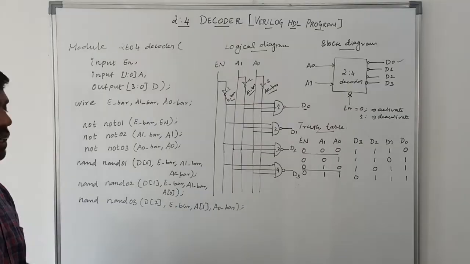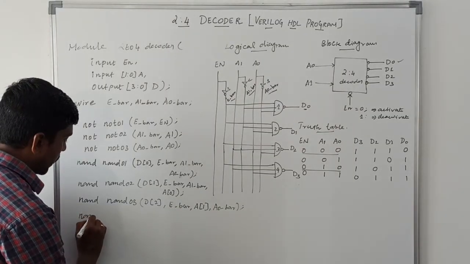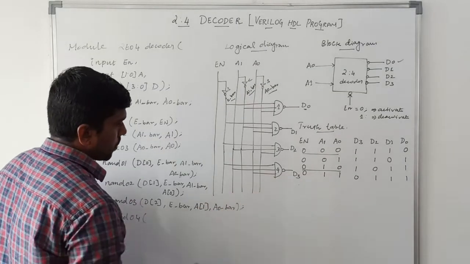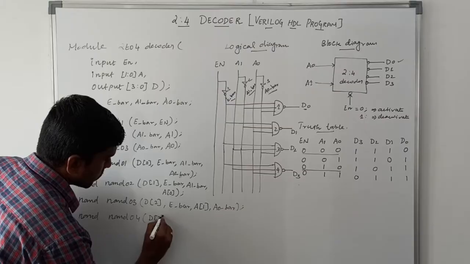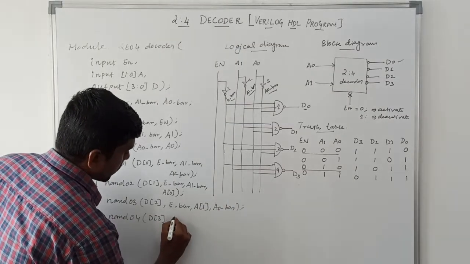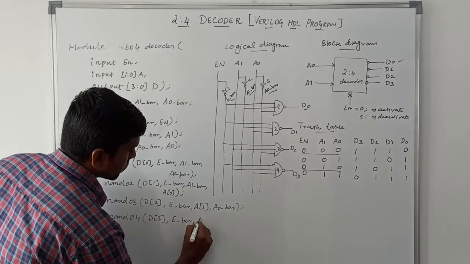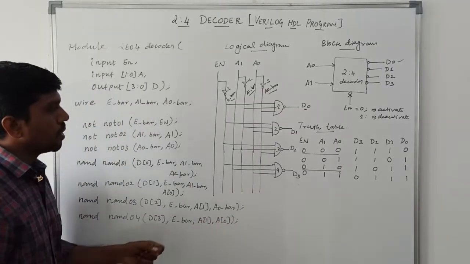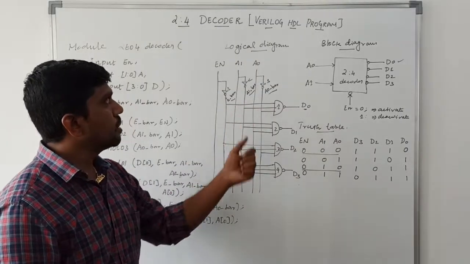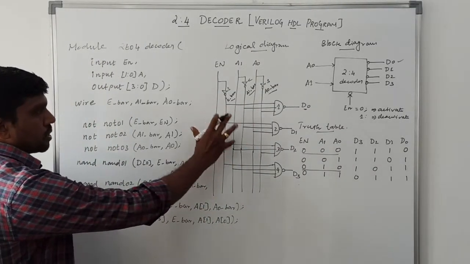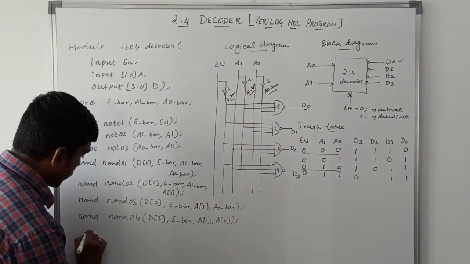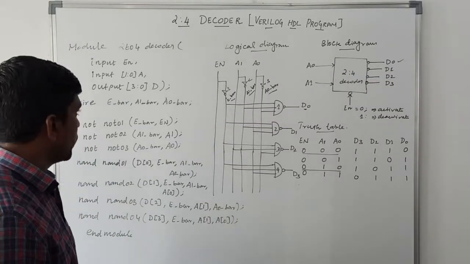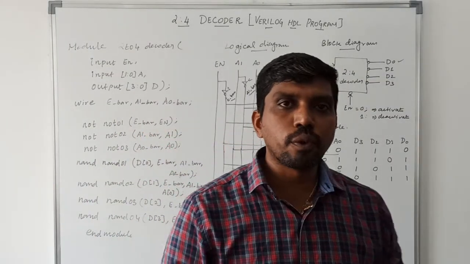So the third NAND gate declaration is over. The final NAND gate is NAND 4, output is D3, inputs E bar, A1, A0. So there are no more gates in the logical diagram. The declaration part is over. Finally, you write endmodule. This is a simple program for the 2 to 4 decoder circuit.